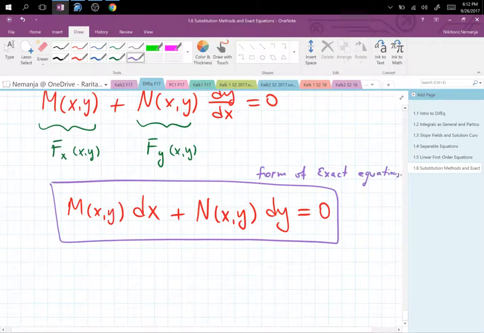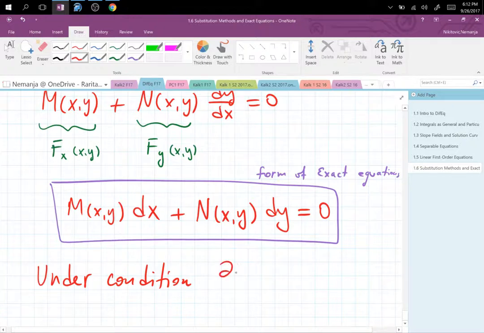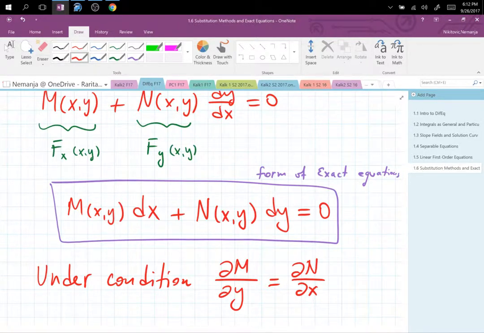Now, what's extremely important is the condition of exactness. So, under the condition that the partial derivative of M with respect to y is the same as the partial derivative of N with respect to x. This is called the exactness condition, condition for exactness.